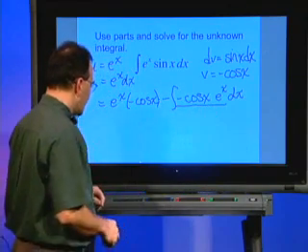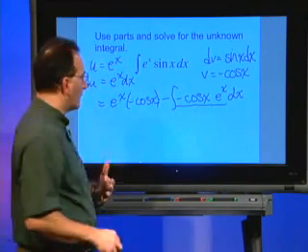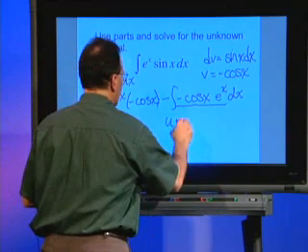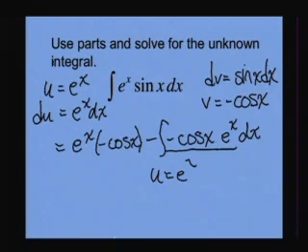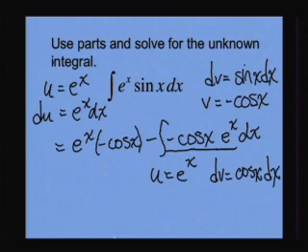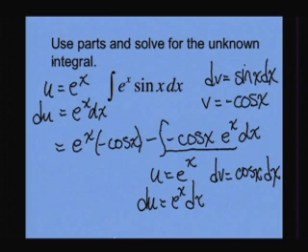So in this particular case, we're going to once again say that u is equal to e to the x. That leaves that dv is going to be equal to cosine x dx. du is e to the x dx.